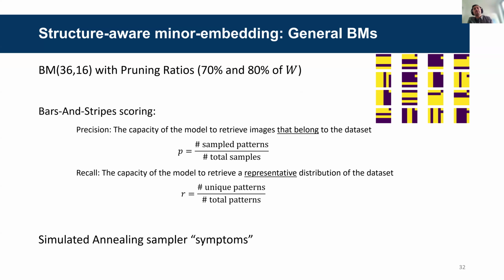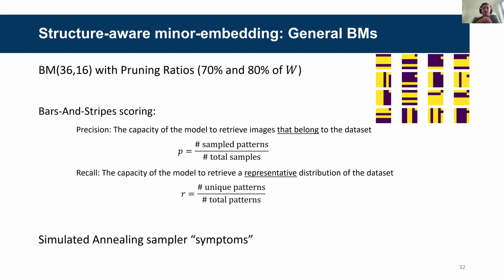And so for our evaluation, we train a general Boltzmann machine with different pruning ratios. Here is 70 and 80% of the weights. We were able to do this efficiently using the batch quantum sampling. We do this with the bars and stripes data set. But now we use these sample scoring metrics just because these are used in smaller setups where the testing set is small, so it's not very representative.